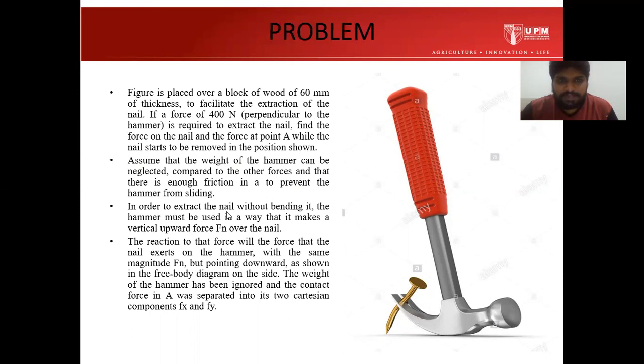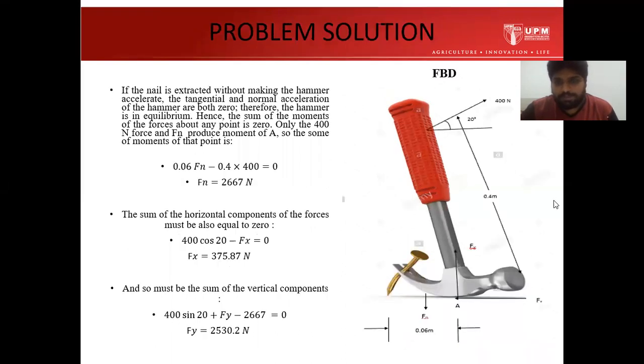In order to extract the nail without bending, the hammer must be used in a way that can make a vertical and upward force Fn on the nail. So the reaction force will be the force that the nail exerts on the hammer with the same magnitude Fn, but pointing downward, as shown in the free body diagram, which is this one.